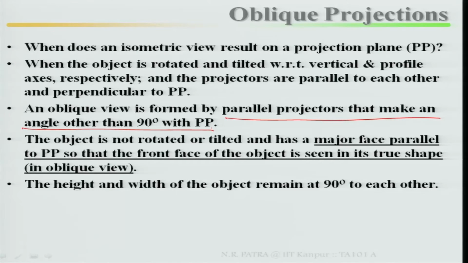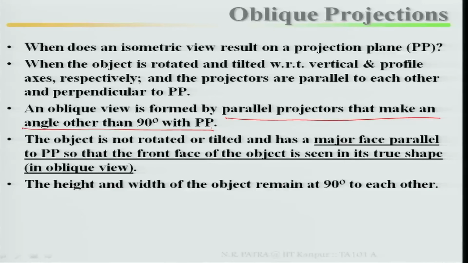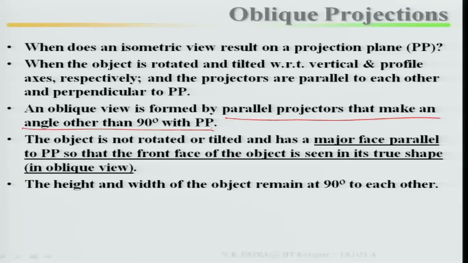Remember, unlike isometric, where it has been rotated and tilted, here a major face is parallel to your picture plane, so the front face of the object is seen in its true shape. In oblique view, the front face of the object is always in true shape, because that face is parallel to your picture plane. The height and width of the object remain at 90 degrees to each other.